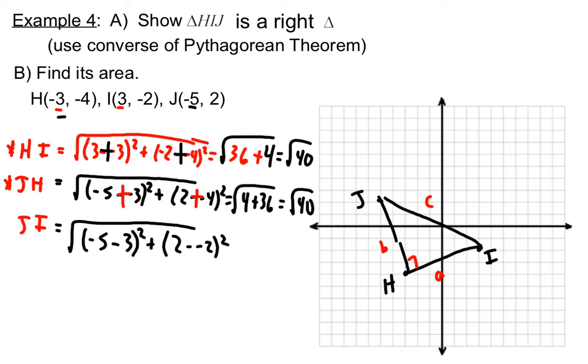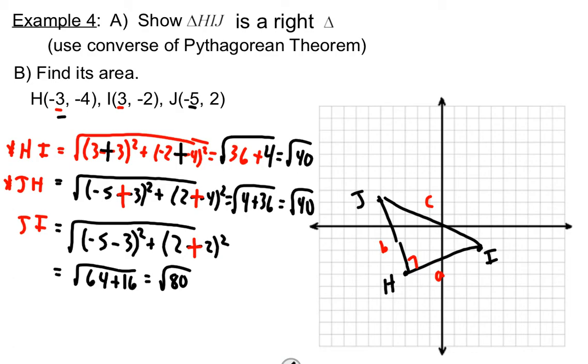So we only have one minus a minus there this time, so we're going to go ahead and make that a plus. And so now I get -5 minus 3 there is -8. If I square that, I get 64. And under here, 2 plus 2 there is 4, and I square that, I get 16. Add these together, and we get the square root of 80.